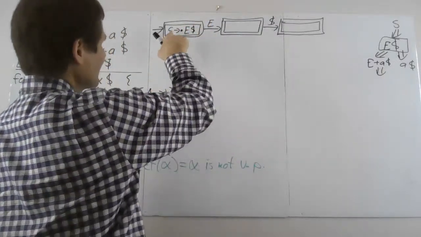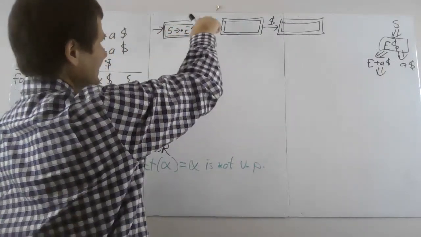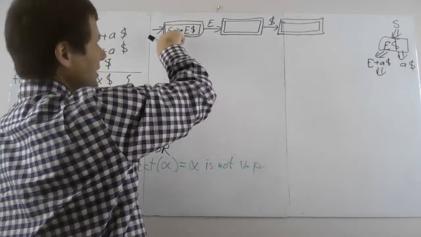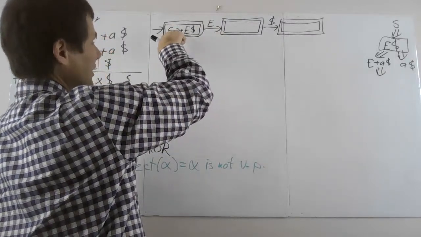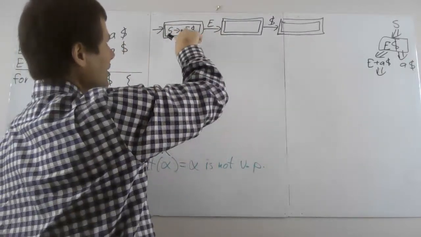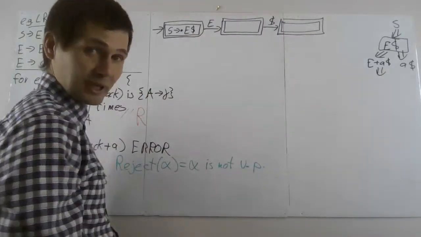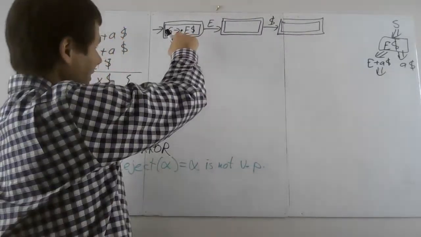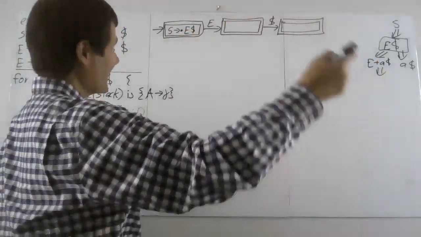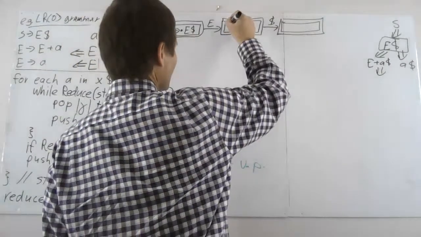The way that this E $ came about is from the start symbol, I applied this production rule, and now I'm at the very beginning of the right-hand side of this production rule.